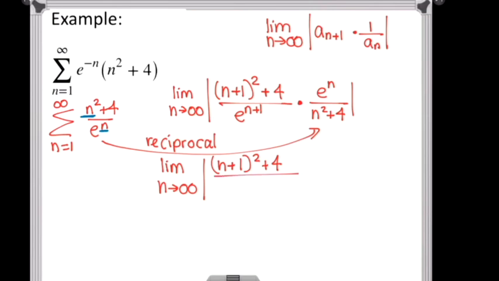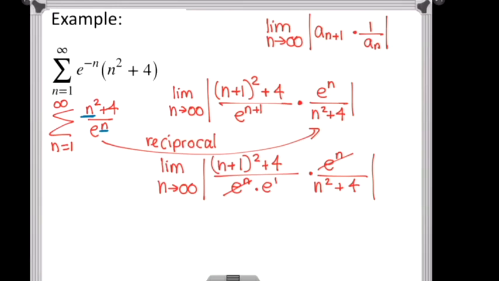So I'm going to rewrite this denominator as e to the n times e to the 1. And then I have times e to the n here, and then n squared plus 4. So not very much cancels here. Just the e to the n's are going to cancel. So caution, you cannot cancel the n squared out.